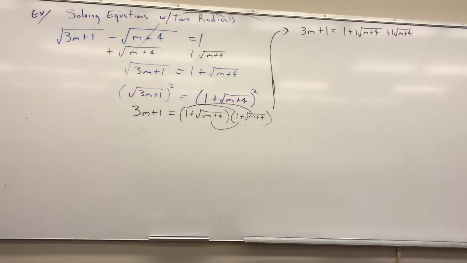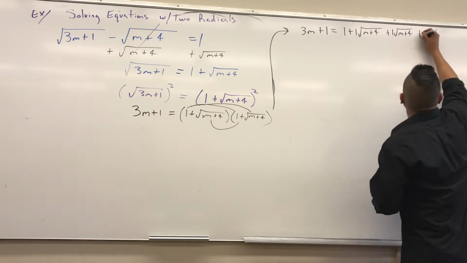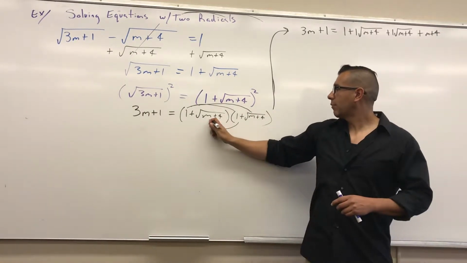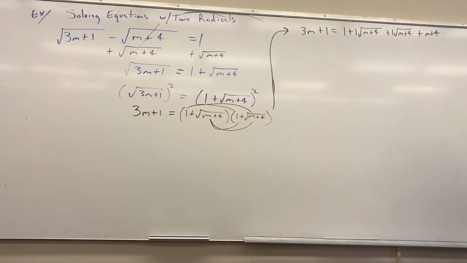And then what's going to happen when I multiply the square root of m plus 4 times the square root of m plus 4? The square roots cancel, right? And then I'm going to get m plus 4. Right? Because the square root of m plus 4 times the square root of m plus 4, that's just m plus 4.